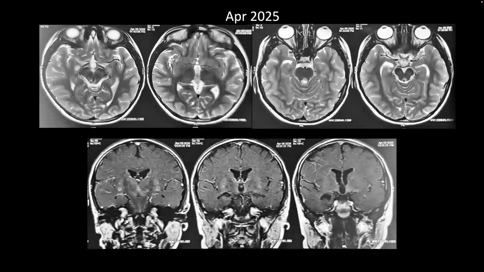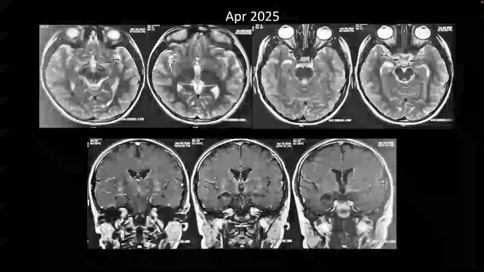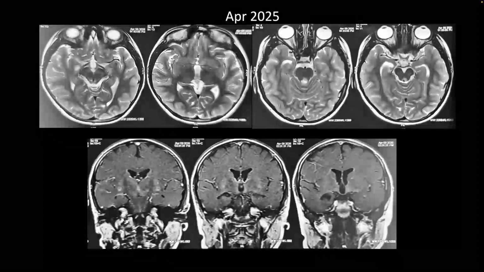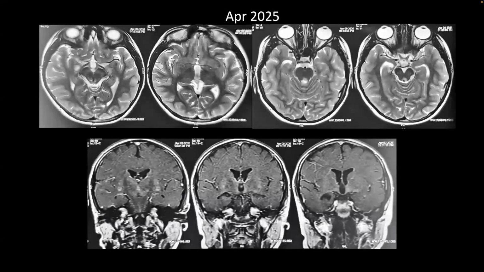The brainstem lesions, which were involving the dorsal midbrain and the pontine area, also show reduction, but have not completely disappeared. On post-contrast images, again there are patchy areas of enhancement in the basal ganglia. So there is interval reduction on the follow-up scan. Yeah. Okay.